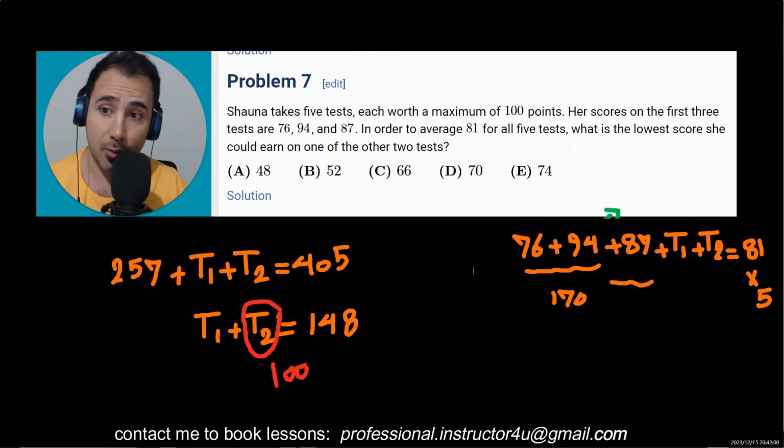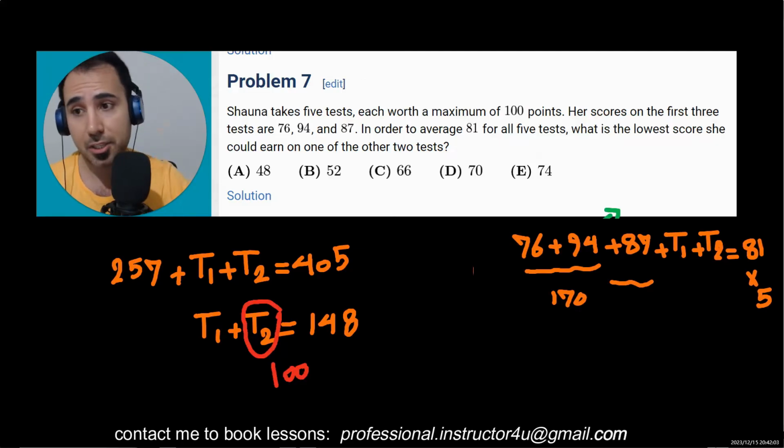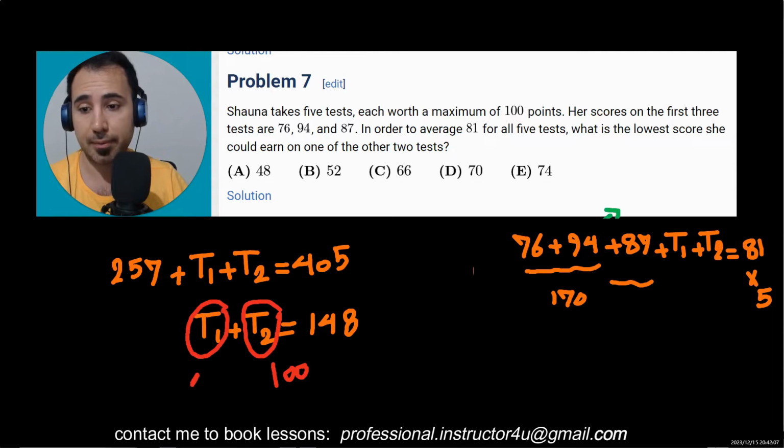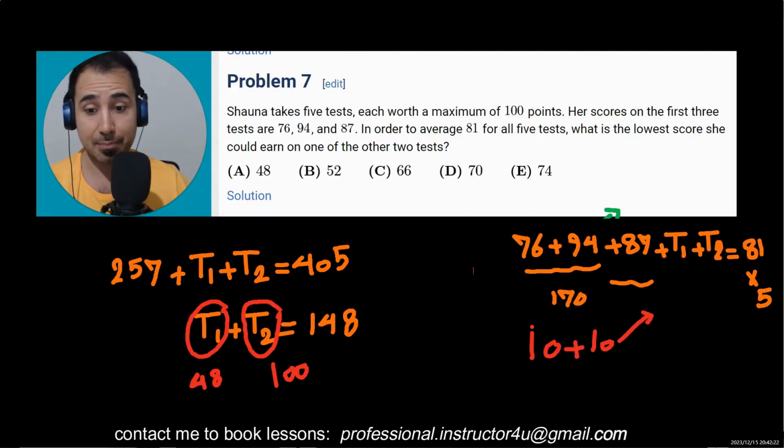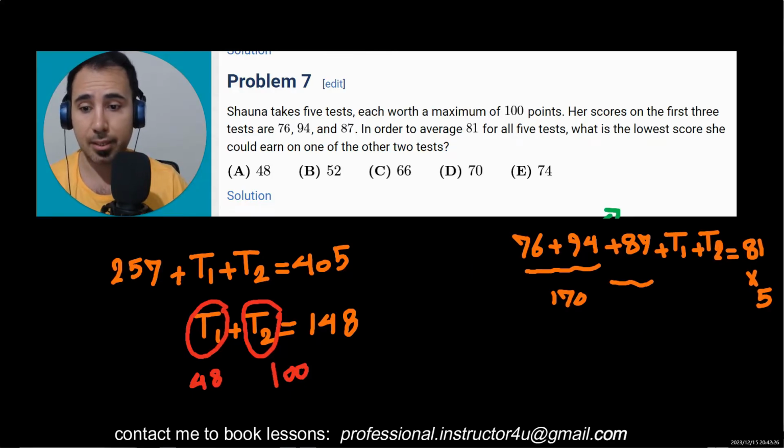If one of them is 100, then the other one has to be as small as possible, which will be 48. This is exactly what I gave in the 10 plus 10 example. So this 48 will be the answer to problem 7.